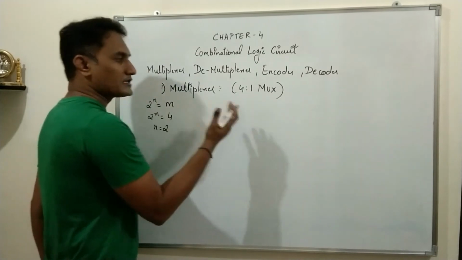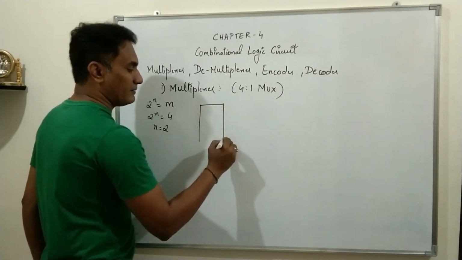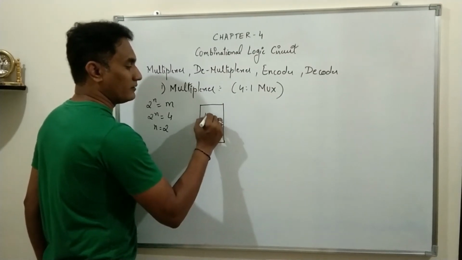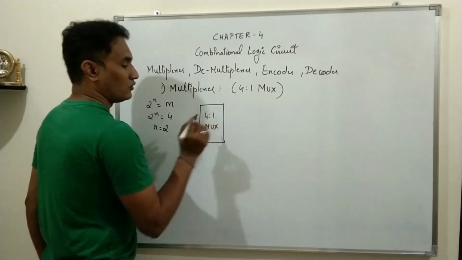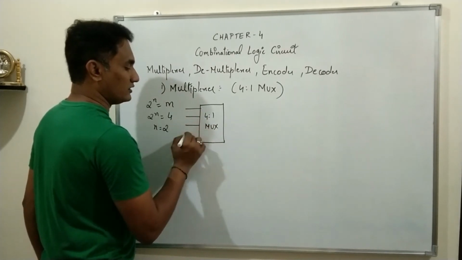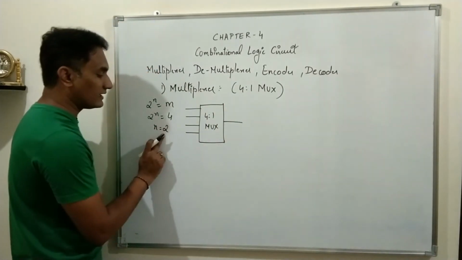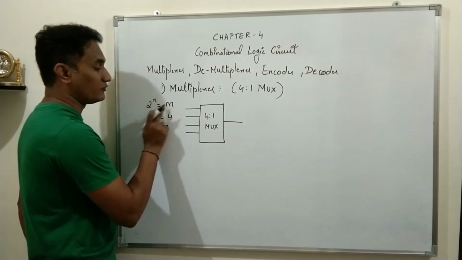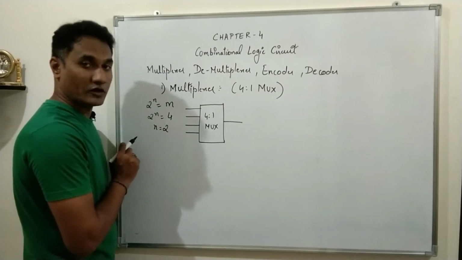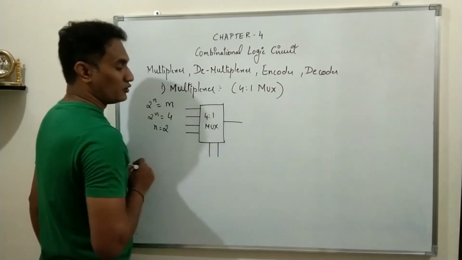First we will draw a simple block diagram of a 4:1 mux. A 4:1 mux will have 4 input lines, 1, 2, 3, 4, and of course 1 output line. And how many select lines? We have calculated, by the relationship between the number of select lines and the number of input lines, that n is equal to 2. So there will be 2 select lines.